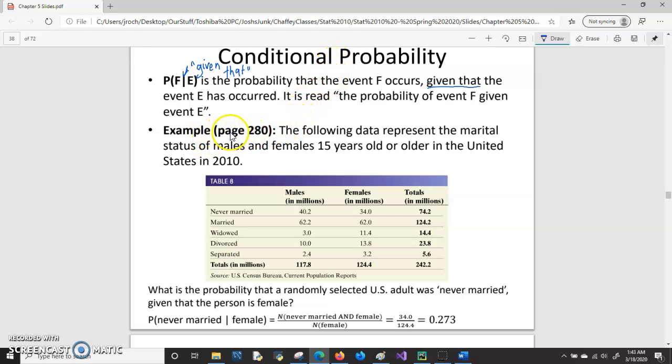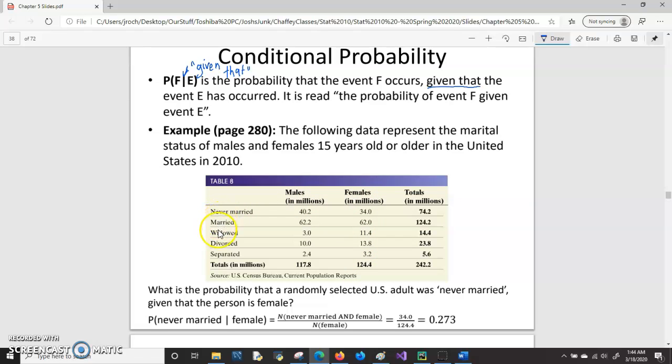So the example that we'll do is on page 280. It's a table that is showing the marital status of females and males, adults, in the U.S. in 2010. The table shows the totals for females and males.